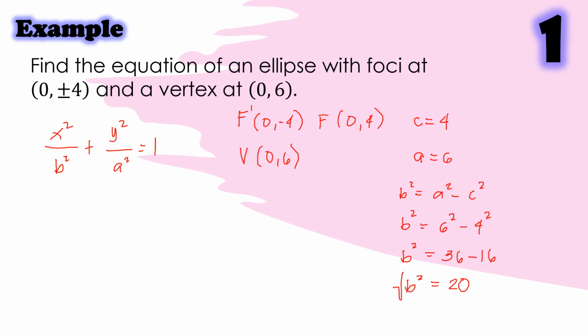Getting the square root of both sides, b is equal to positive negative 2 square root of 5. Hence, we have the equation as x squared over b squared, that is equal to 20, plus y squared over a squared, which is equal to 36, equals 1.